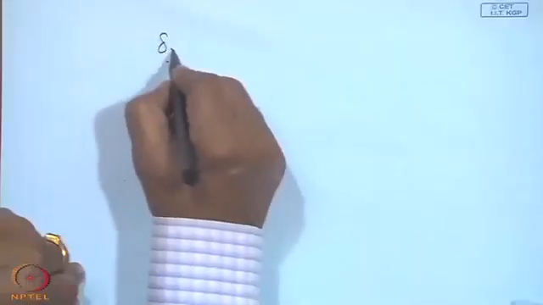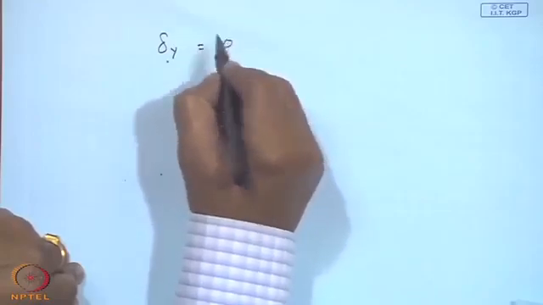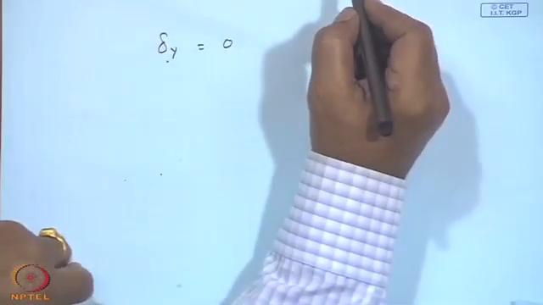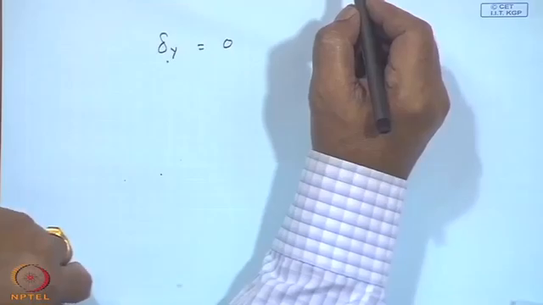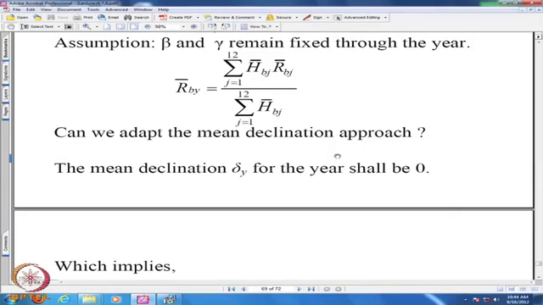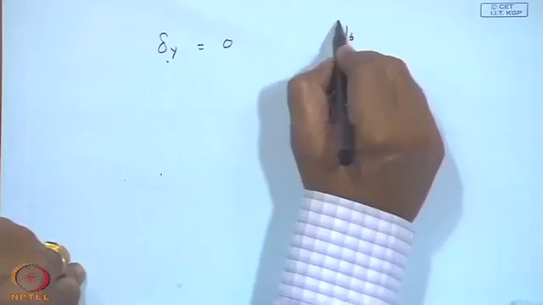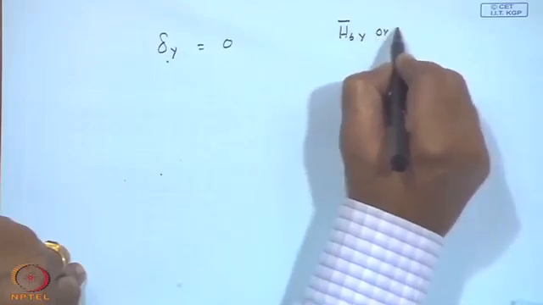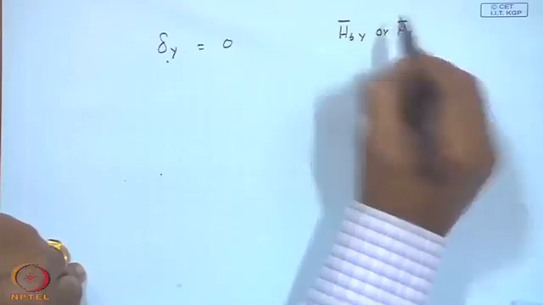if I try to do that, a simple-minded delta y will be 0, because it changes from minus 23 to plus 23. I take the average and I will get a 0, seems to be simple. In other words, I am given, let us say, H b bar y or H y bar, from which I may be able to calculate diffuse radiation and then the direct radiation.